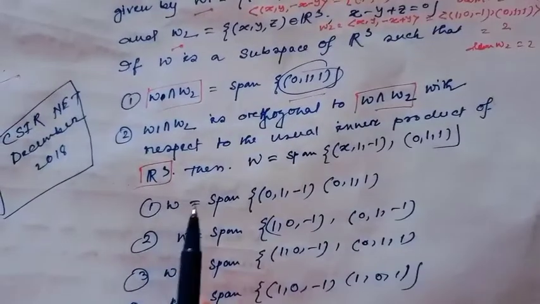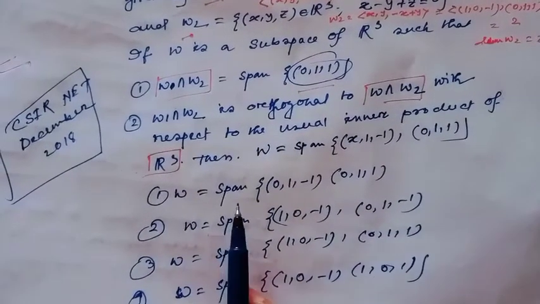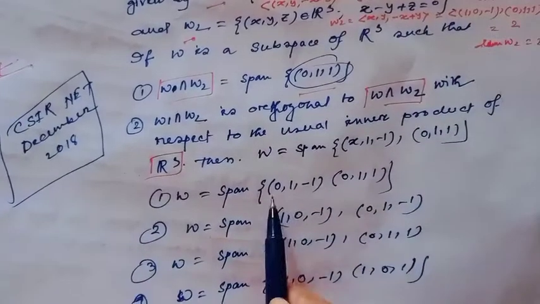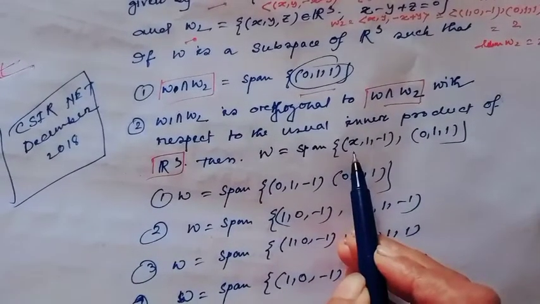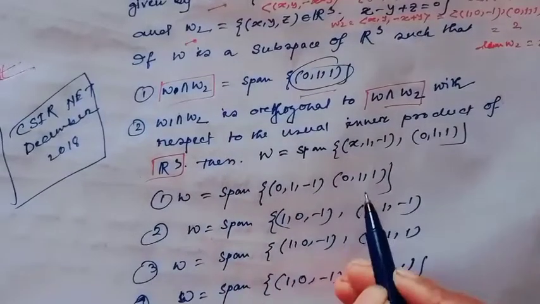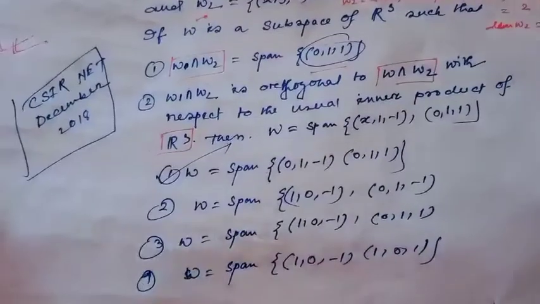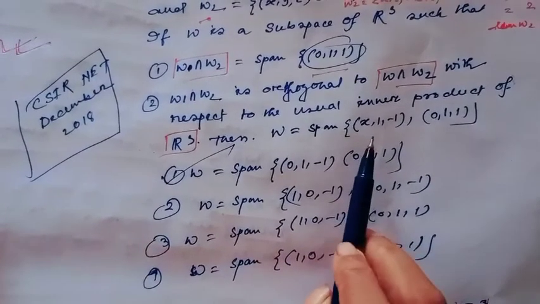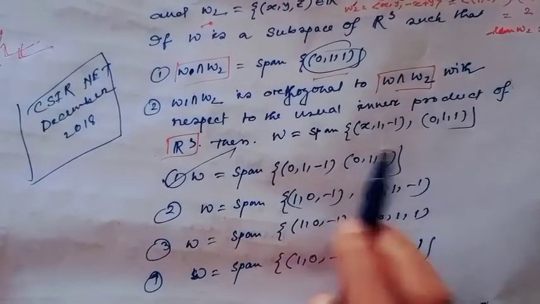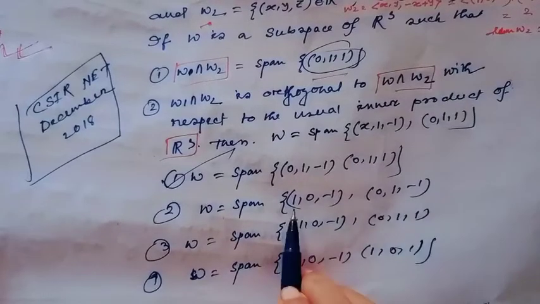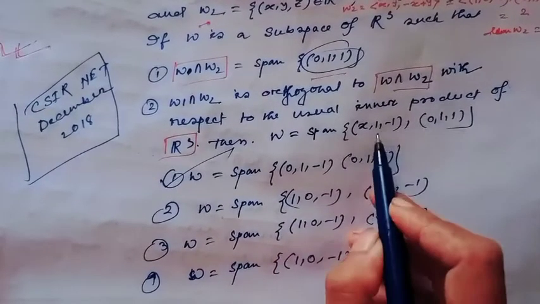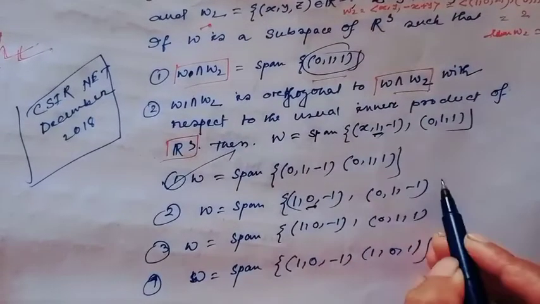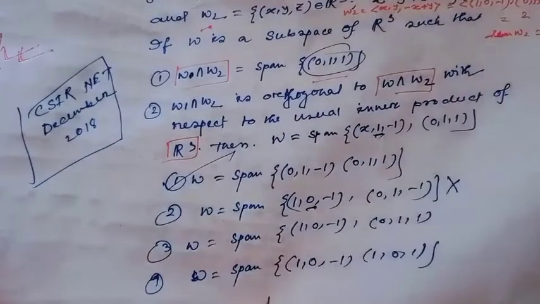Now notice the options. The first option indicates W is spanned by these two vectors. If you put x equal to 0, then the first option would be true. Notice the second option, spanned by these two vectors: here 1 and here 0, so this cannot be true.